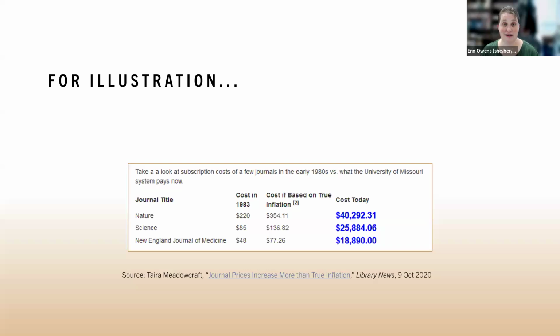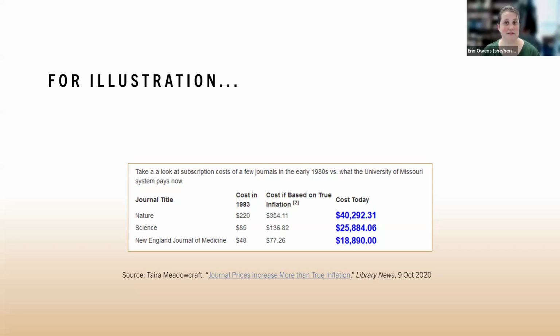If we look at this data from another perspective, this table shows what each of these three journals cost for a subscription in 1983, what they would cost now if we based it on true inflation, and the actual cost today, or as of 2020 when this table was put together. We can see that the journal Science cost $85 in 1983.